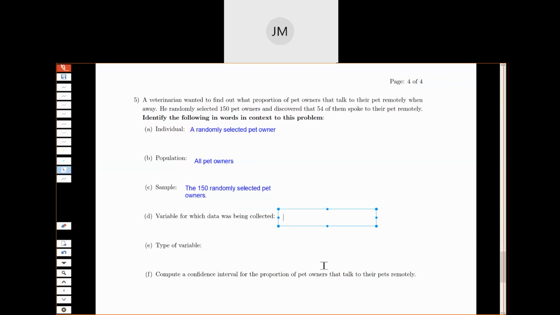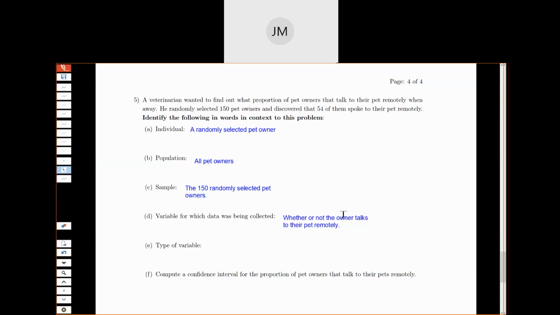Okay, what's the variable here? The variable you could think of as the piece of information, or you could think of it as the answer to the question that we're asking. We're asking, do you talk to your pet remotely? So the variable is whether or not the owner talks to their pet remotely.